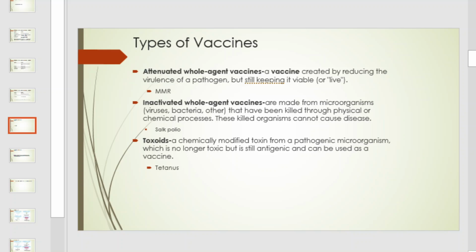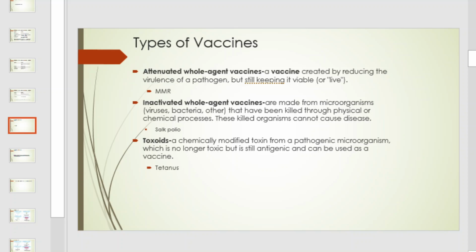Inactivated whole agent vaccines are made from microorganisms such as viruses, bacteria, or others that have been killed through physical or chemical processes. These killed organisms cannot cause disease. An example would be the Salk polio vaccine.